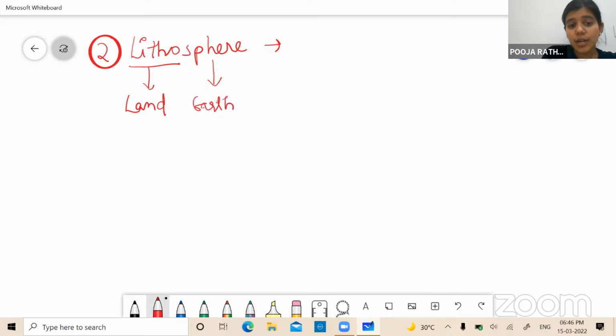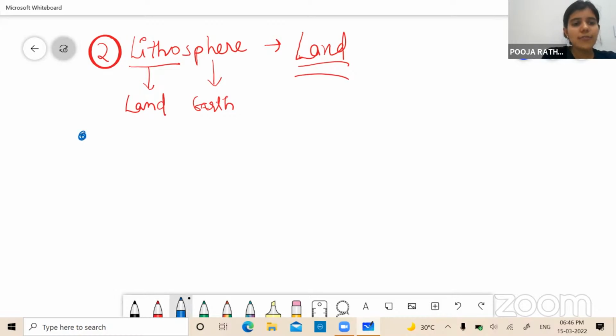So the part of Earth which is made up of land, wherever the land occurs, comes under lithosphere.